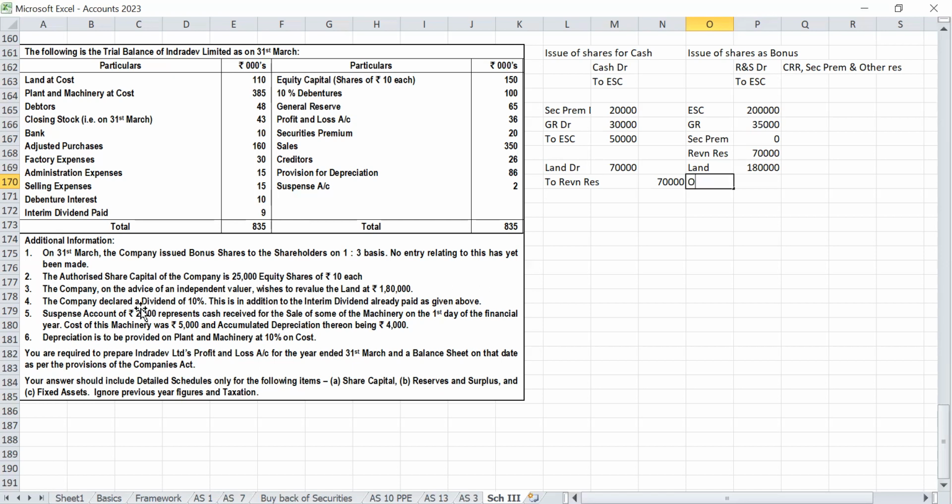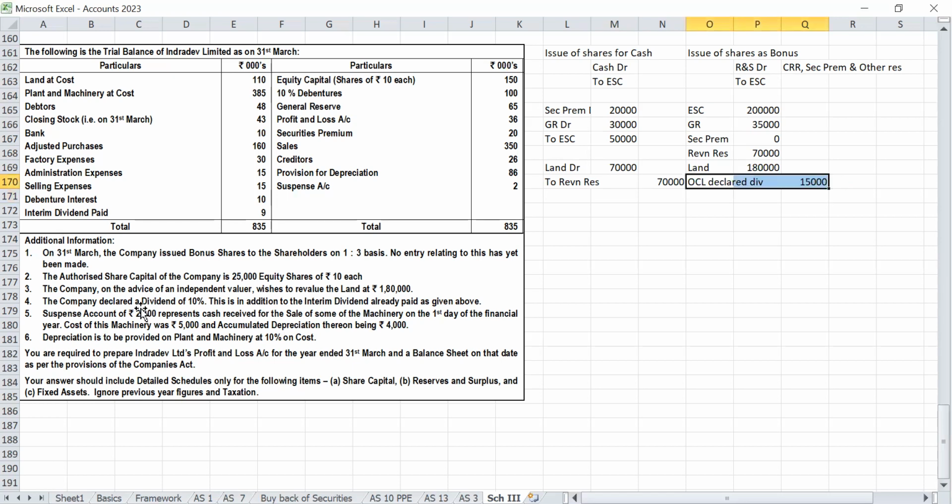Declared dividend should be included in other current liabilities, I told you. Correct? So dividend 10% of share capital. You should apply it on share capital before bonus, not this. Now only we are issuing bonus. So before bonus 1,50,000, on that 10% you should apply.